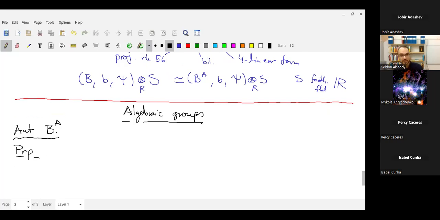We define these Brown algebras. The reduced Brown algebras are the most regular ones. What are their automorphism groups?